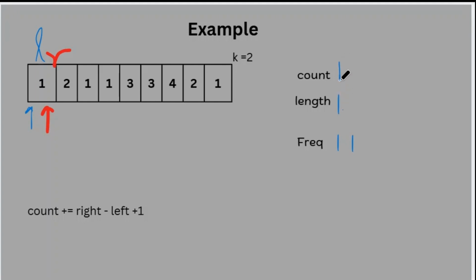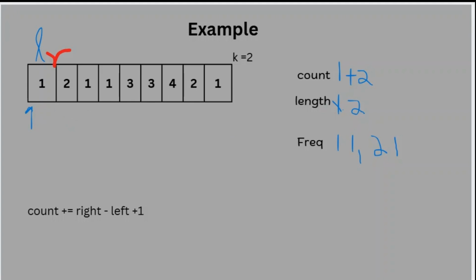Count will be changed to 1. Now the right pointer is increased and it points towards 2. A new element is added to the frequency table, that is 2, which occurs one time. And now length is changed to 2 and count is changed. Now we are going to add plus 2 to the count.